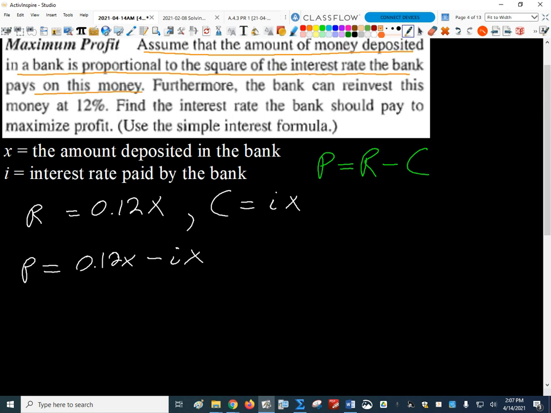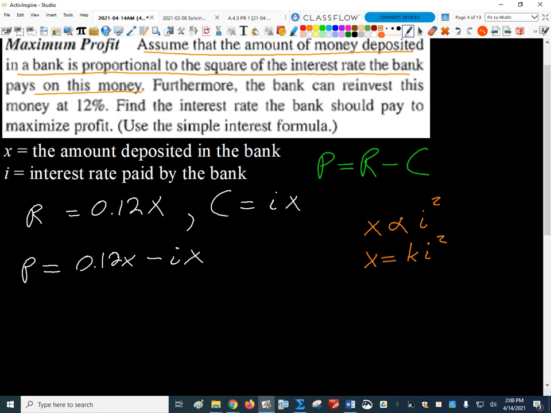So that means that X is proportional to I squared. The way I would write that as an equation is X equals K I squared.